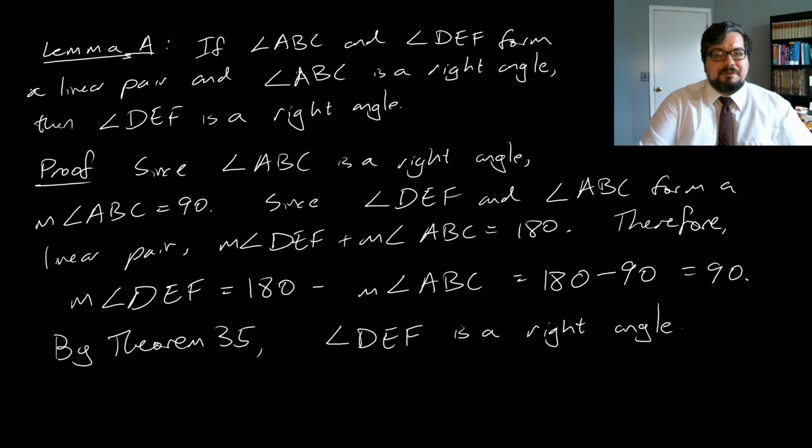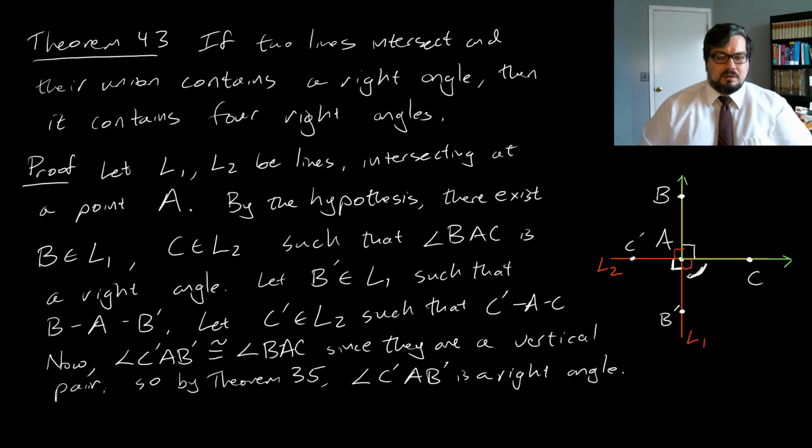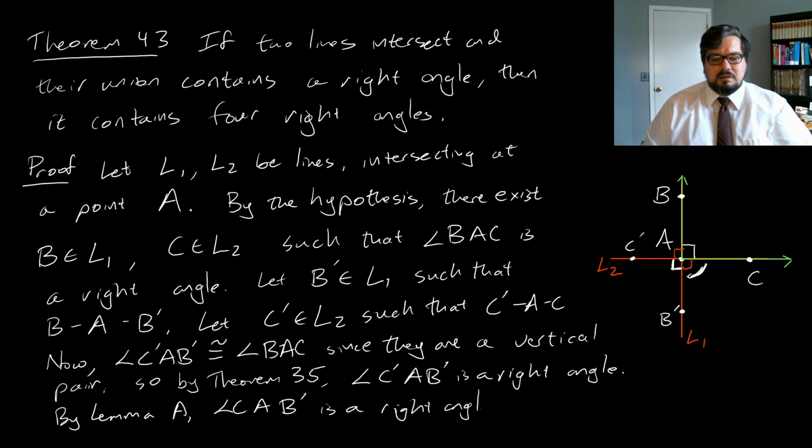So now that we've got this lemma A, we can finish off the previous theorem very quickly. By lemma A, angle CAB prime is a right angle, since it forms a linear pair with angle BAC.